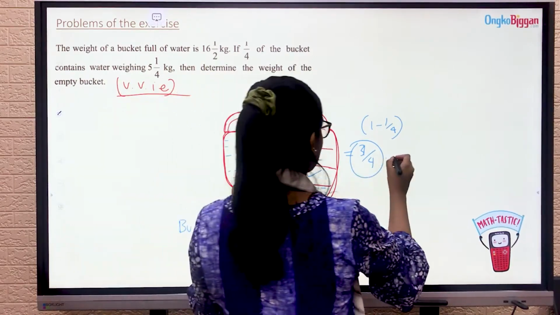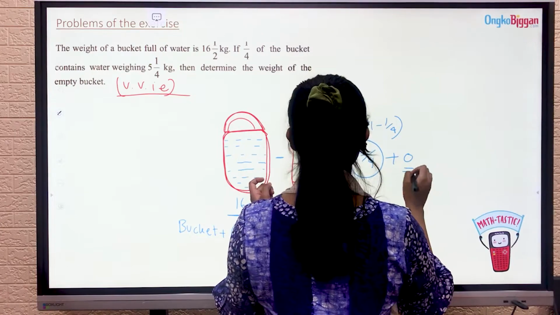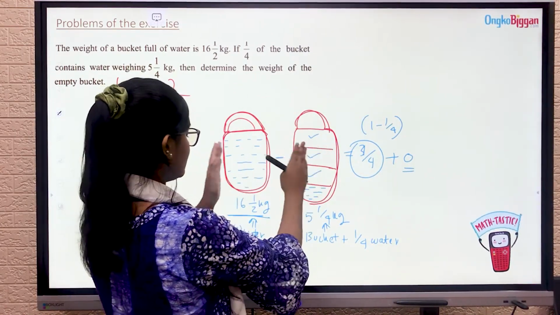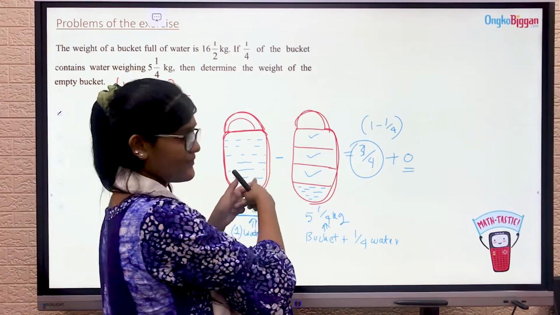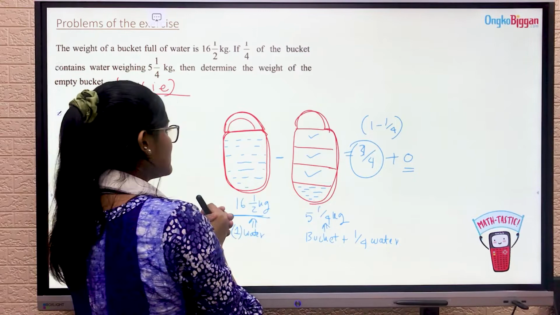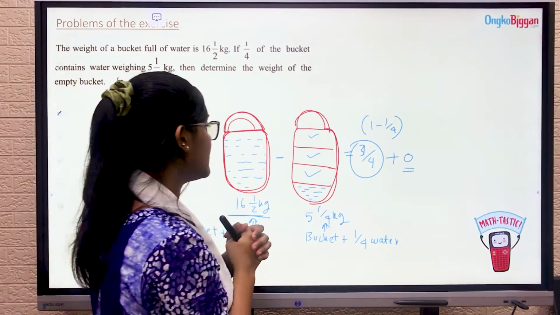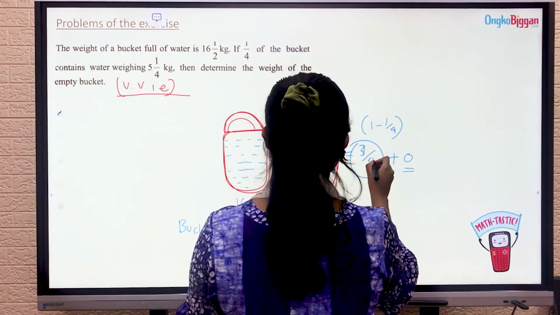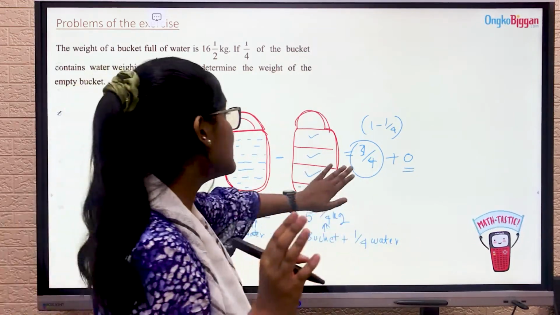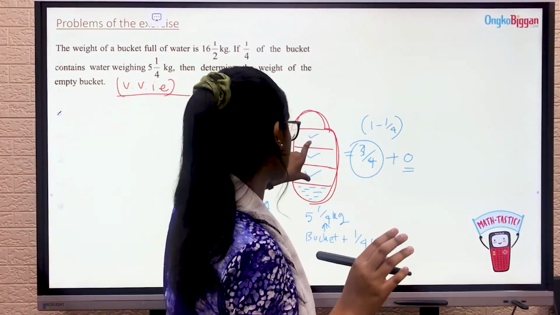We will get nothing for the bucket, like 0, because while deducting this from this, we are also deducting the whole weight of the bucket. So in this way we just get the weight of the water in this section, not the weight of bucket plus water, just the weight of the water.